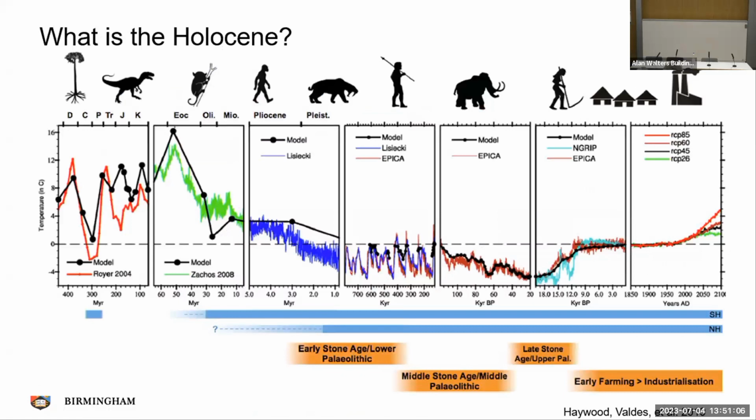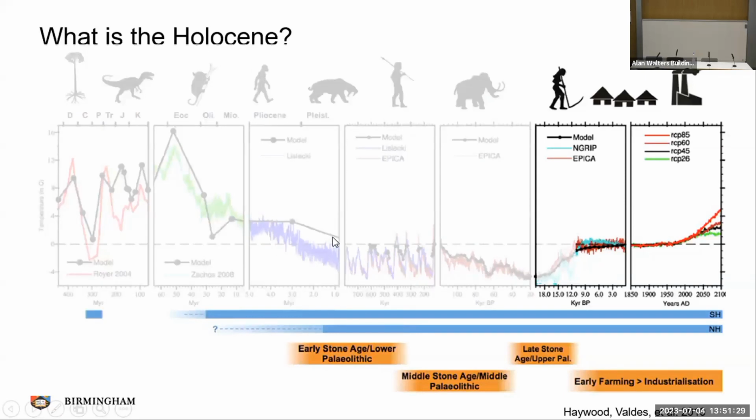This is a figure that started off on Wikipedia, but it's ended up in this paper by Alan Hayward, Paul Valdez, and others. It's a long history of Earth's climate, basically the last 450 million years. The colored lines are data, geological records of temperature. The black ones you can kind of ignore, but they're model simulations.